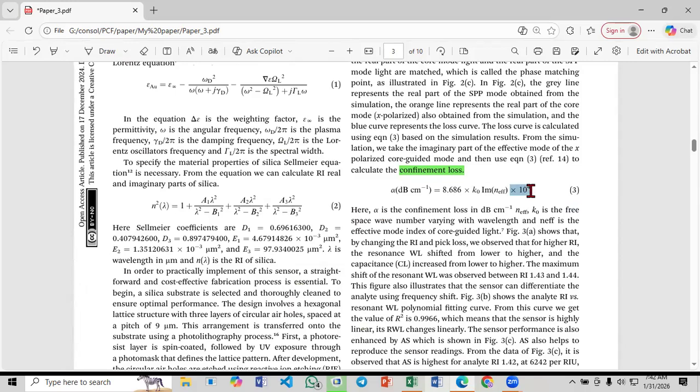Then we change the unit, because we are taking per centimeter, so we have to multiply by 10 to the power 4.